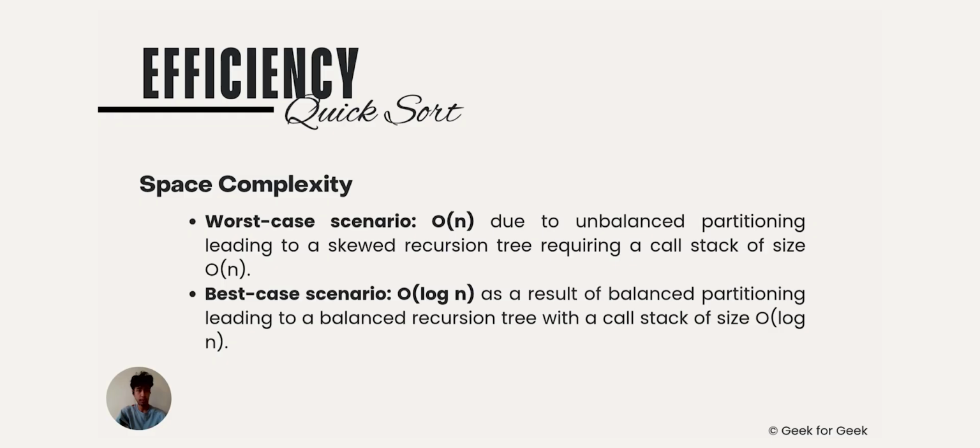Each recursive call handles one subarray, and when the pivot splits the array evenly, the recursion tree becomes balanced. So each recursive level handles smaller halves of the array, and the recursion depth equals the height of the recursion tree, and you get O(log n).